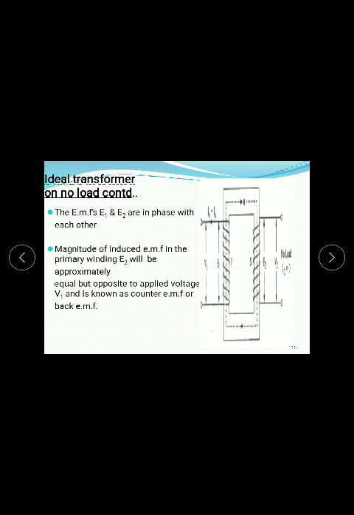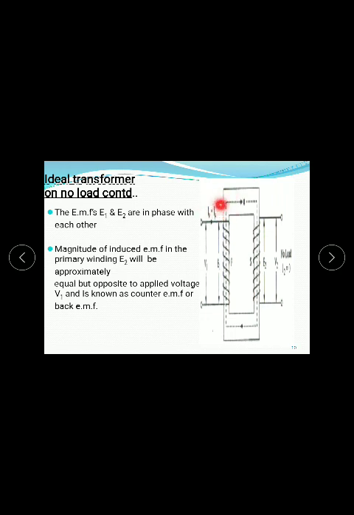So this is the circuit diagram of the transformer. Here this is the core, and the flux is passing through the core. This flux is produced from the magnetizing current, so the flux and the magnetizing current are in phase.